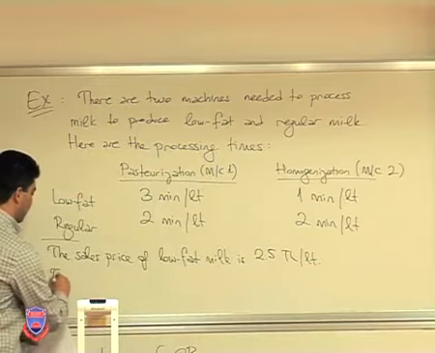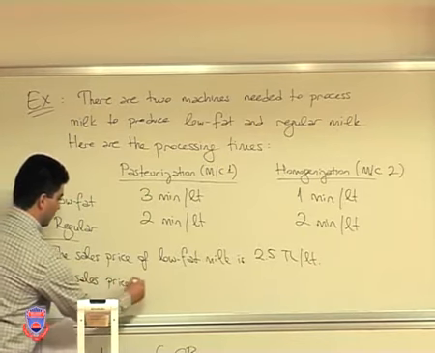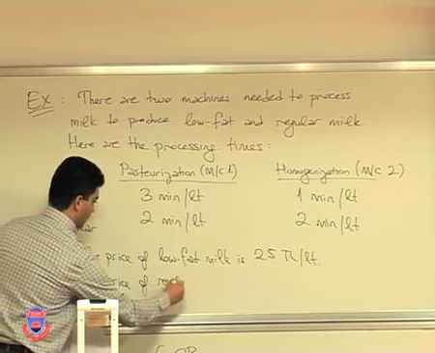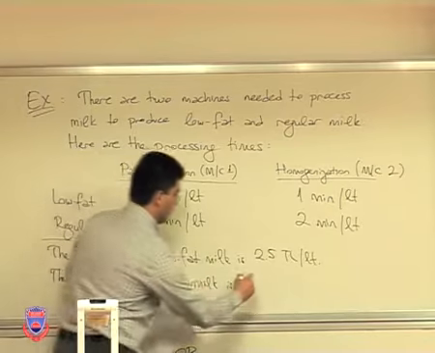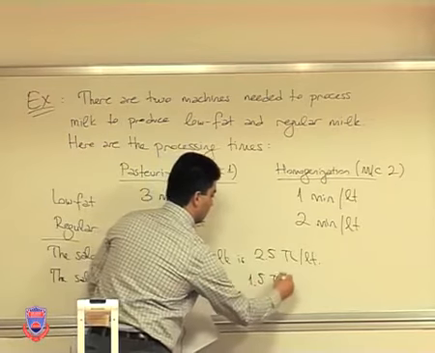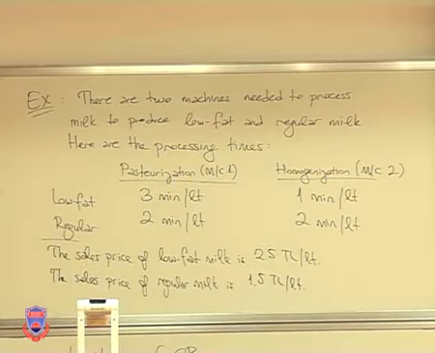And similarly, the sales price of regular milk is, let's say, 1.5 liras per liter. Okay? So each liter of low-fat milk I can sell for 2.5 liras, and each liter of regular milk I can sell for 1.5. Okay?